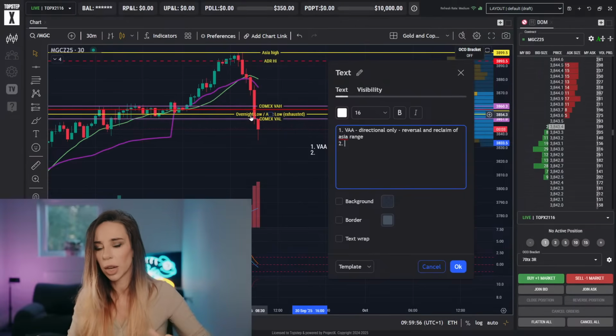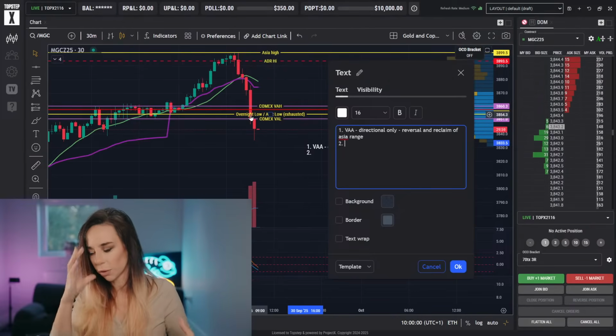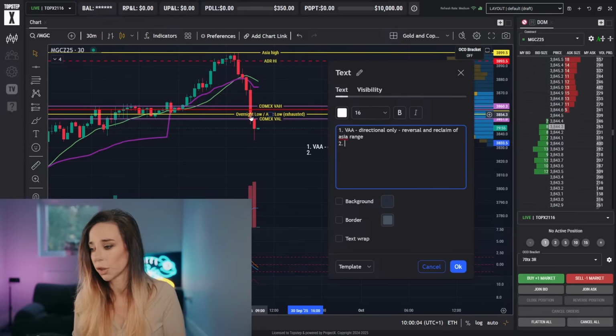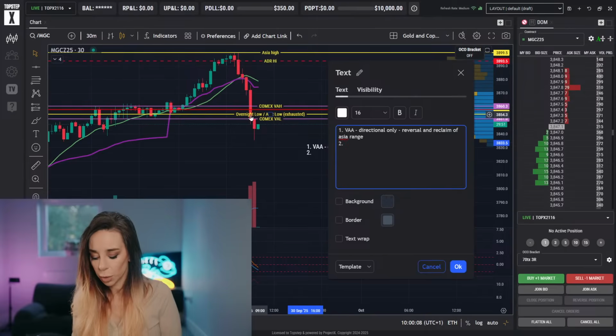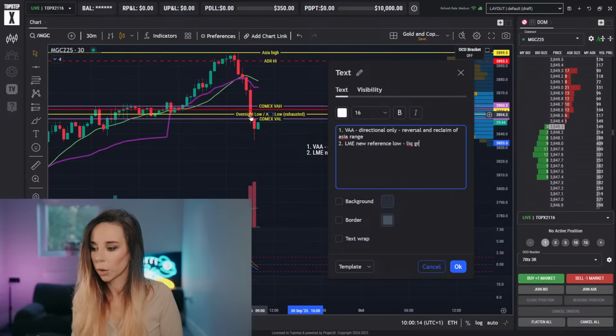It becomes a new reference point. So we're working with the market generated information to find the best nearest levels that we can take advantage of. But yeah, so it would be LME, new reference low, liquidity grab, and reverse. So same thing.